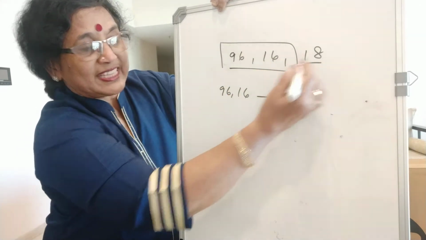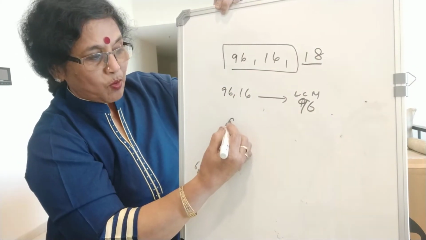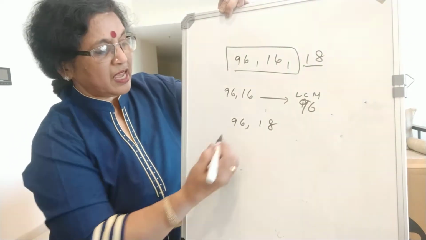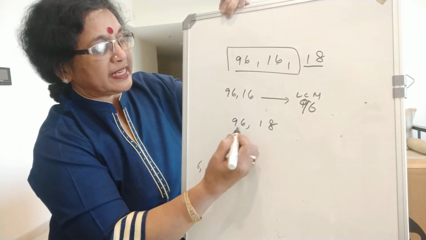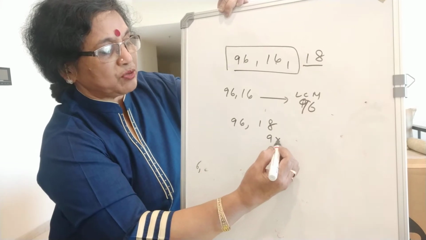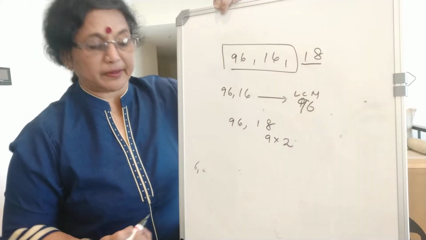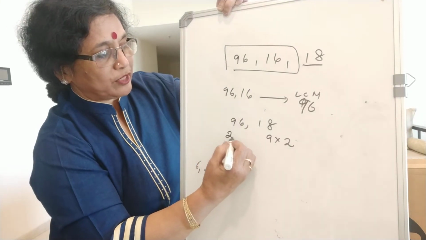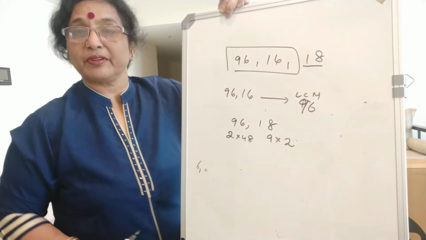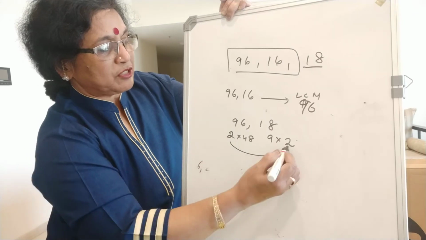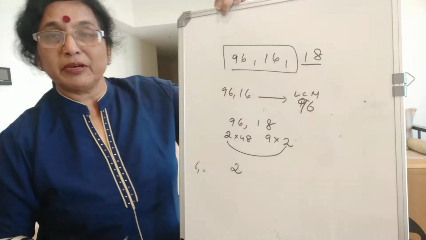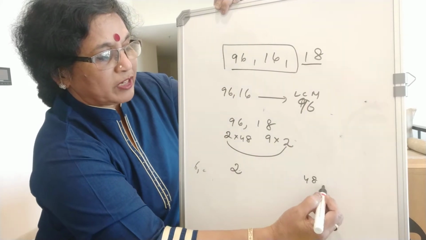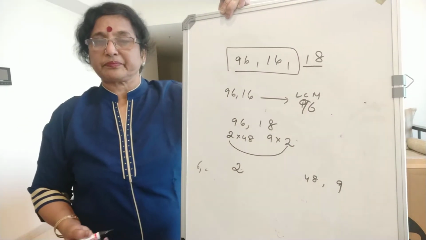Now you are left with 18, right? Now what is the LCM of 96 and 18? Here you have 96, this is 9 2s are 18, and this is 2 into 48, right? So common is 2. And what is the LCM of 48 and 9?